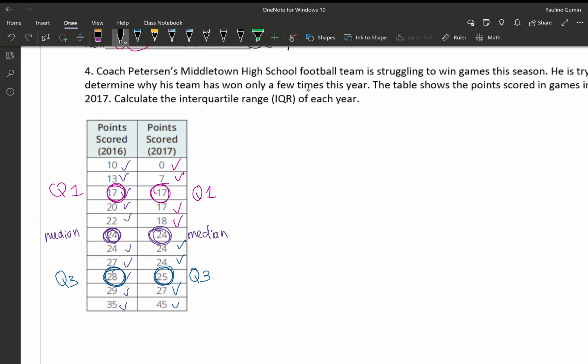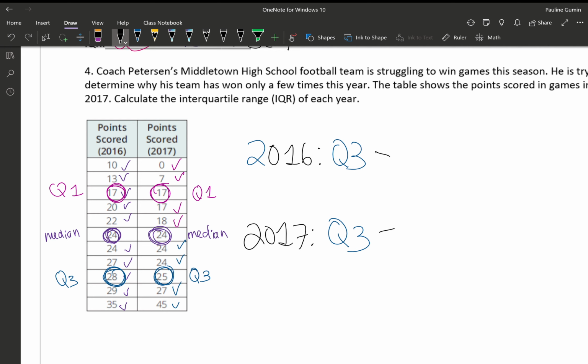Okay, let's calculate. For 2016, when we do Q3 minus Q1, we get 28 minus 17. 28 minus 17 is 11.